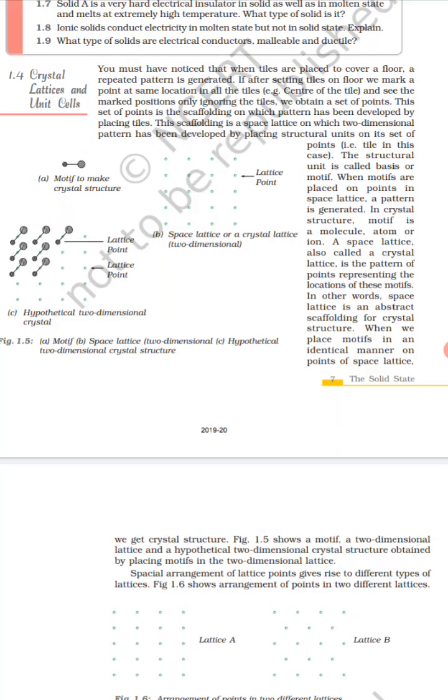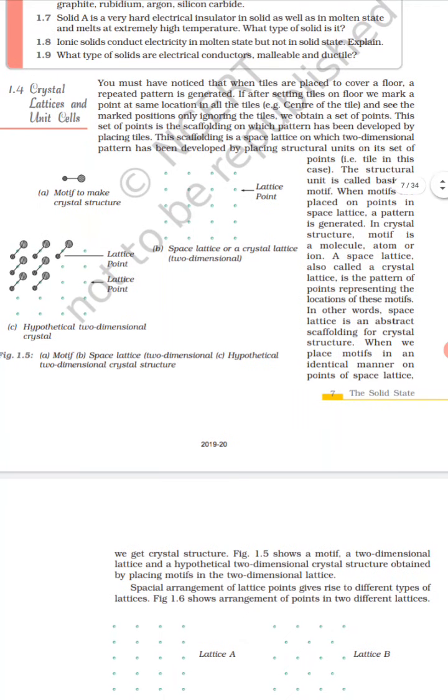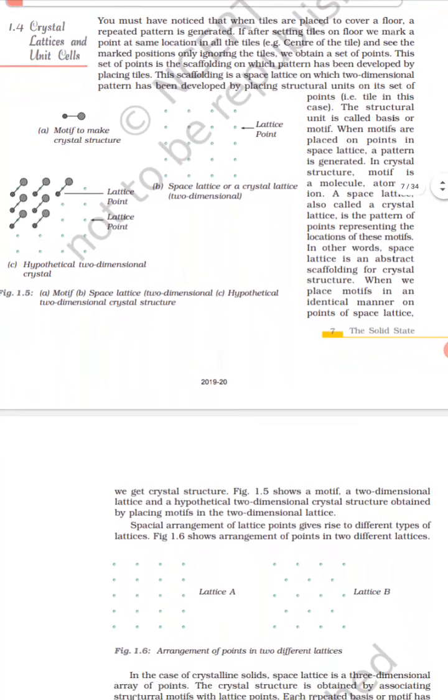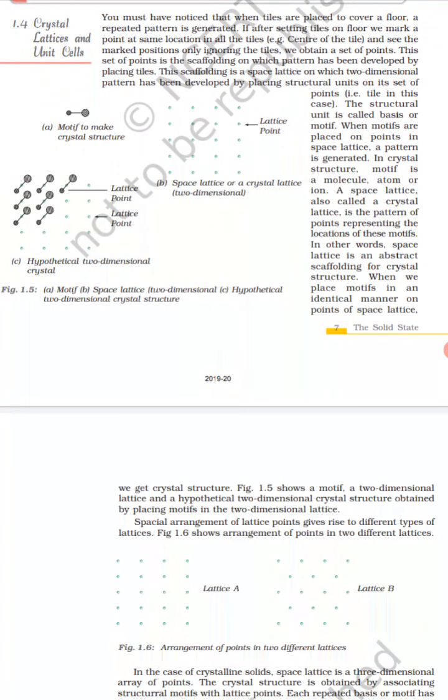These lattice points in three-dimensional arrangement form a system which is known as space lattice, also called crystal lattice.